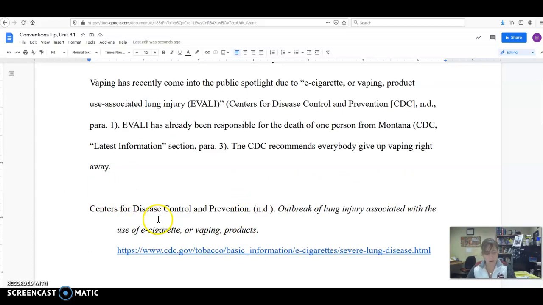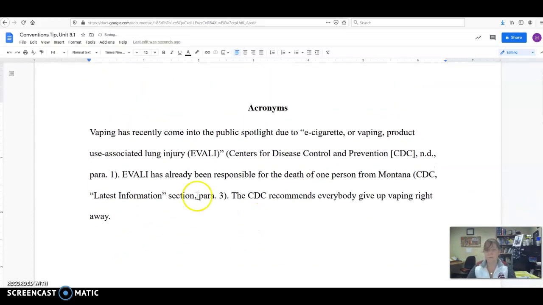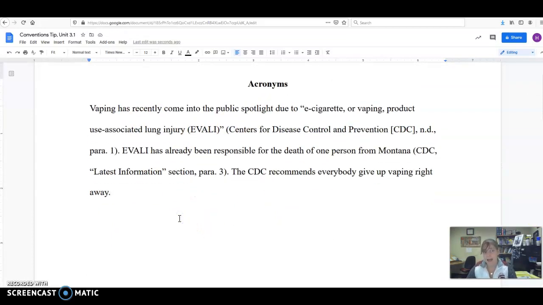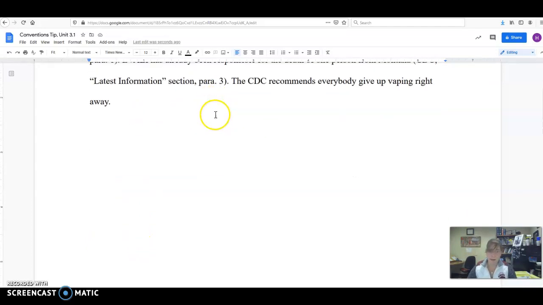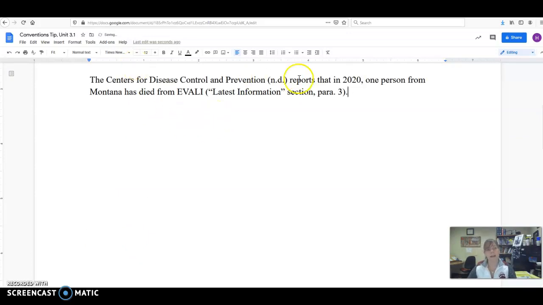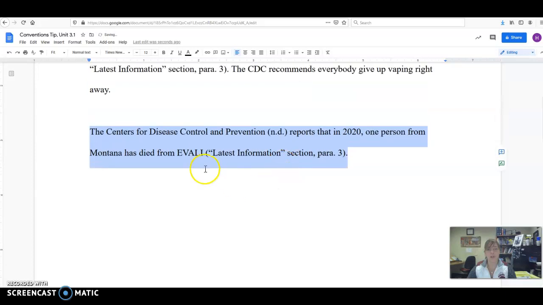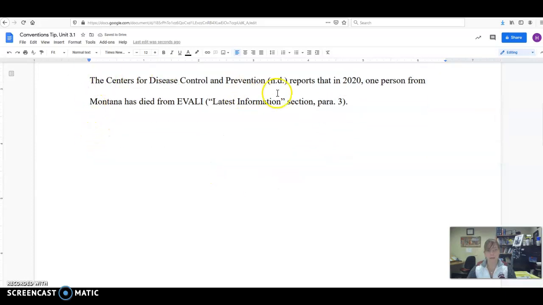Okay, I'm going to go ahead and remove this reference. Let's say instead of the first mention of CDC being inside parentheses, let's say you elected to give us a narrative citation. And let's say also that you have already somewhere else in the paper introduced EVALI. Okay, so let's say this is the first mention of the CDC we see in your paper. Okay, it looks like this.